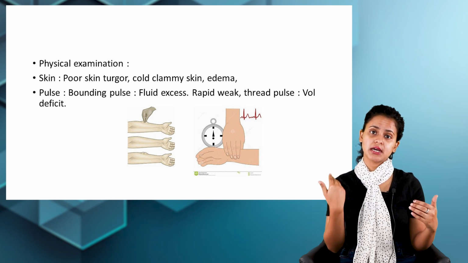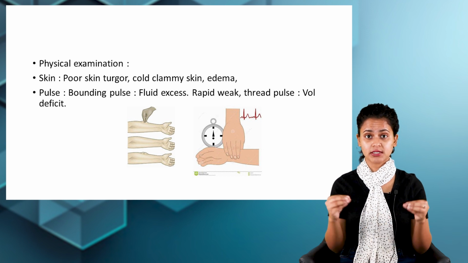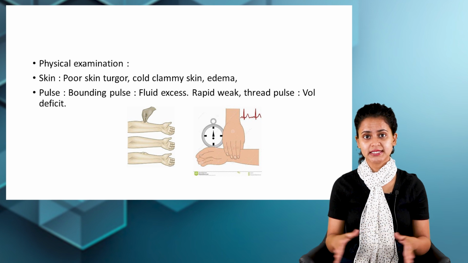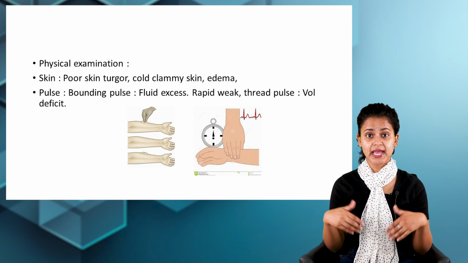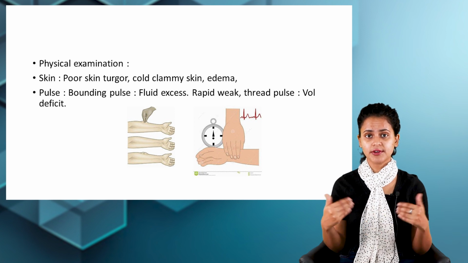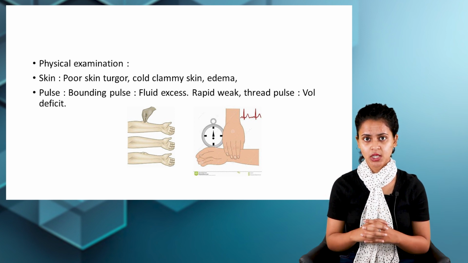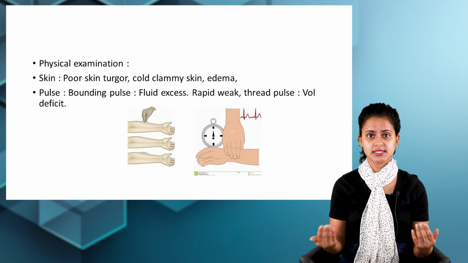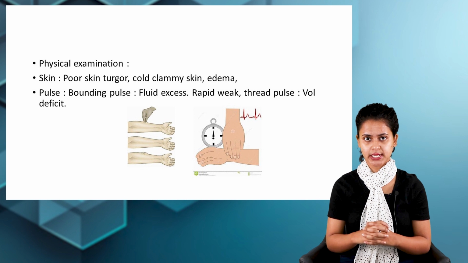Now, if you are doing a physical examination for a client who presents with fluid volume excess, we will note that often the client will present with edema over the extremities. So it is indicative that the person is suffering from fluid volume excess. The necessary management would then be initiated at the earliest to manage the client.